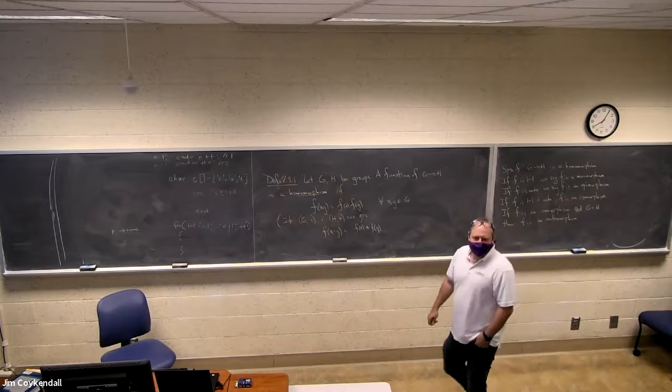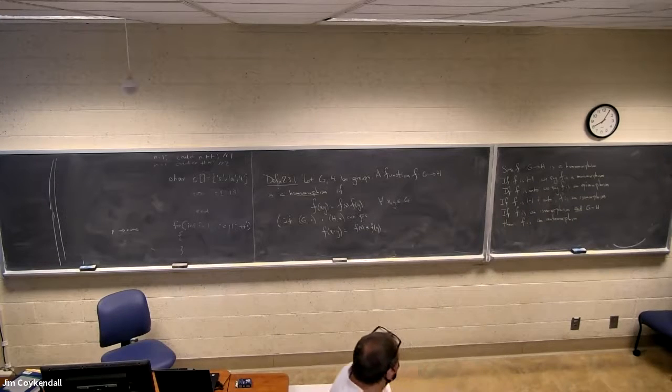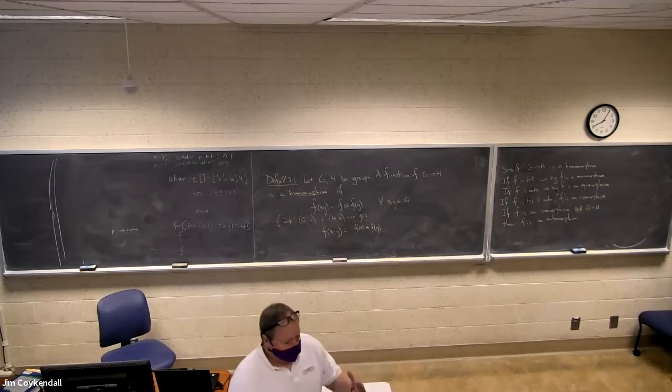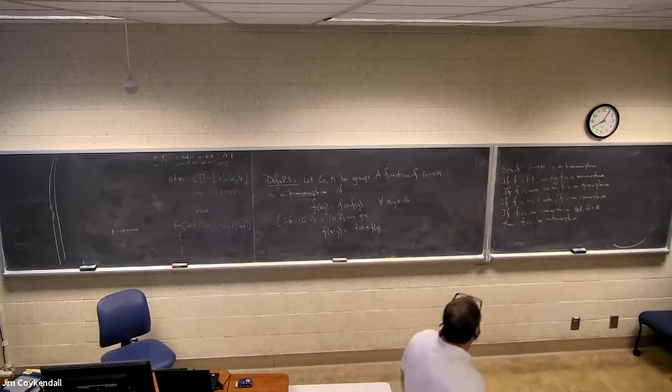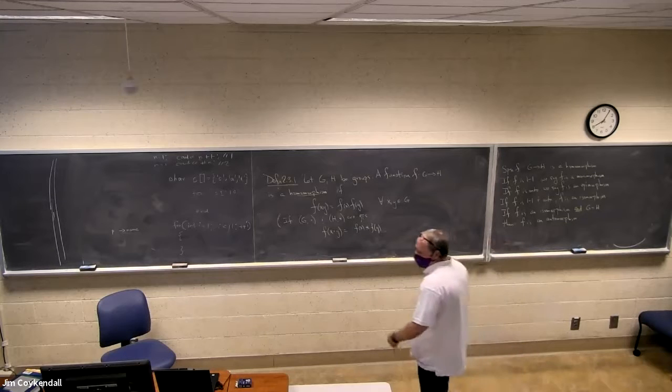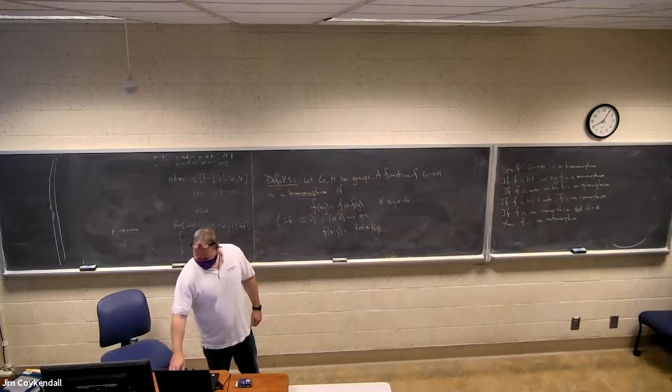So that's kind of even more specialized than isomorphism. Automorphism means it's 1-to-1 and onto from the group to itself. These are actually quite important. We'll see a lot of examples of that coming up. Okay, I'm gonna give you a couple of properties here.